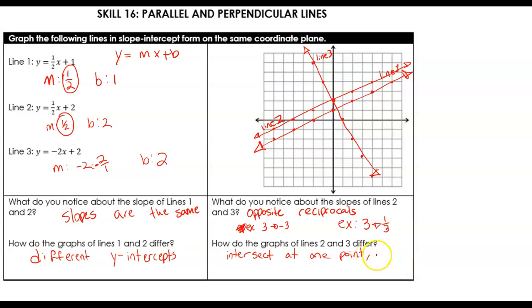And they are perpendicular. The lines are perpendicular, which means that the angle that these two lines meet at is 90 degrees. Just a little reminder. Go ahead and pause the video so that you can finish your notes, and then we'll move on.